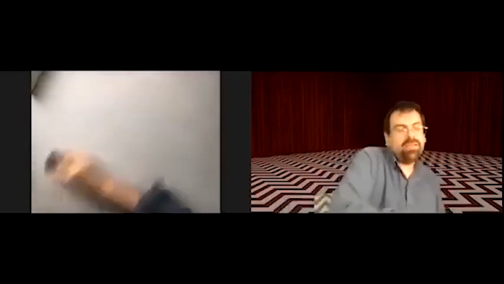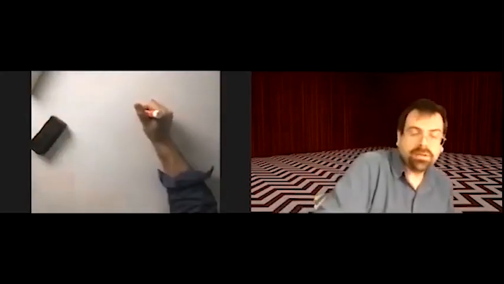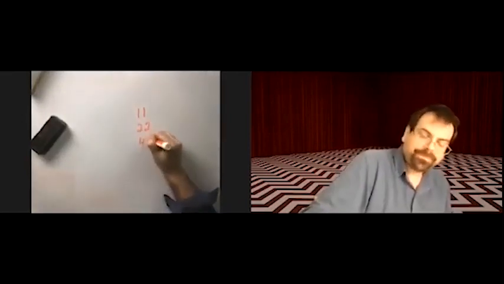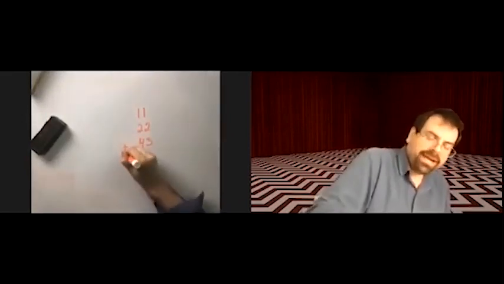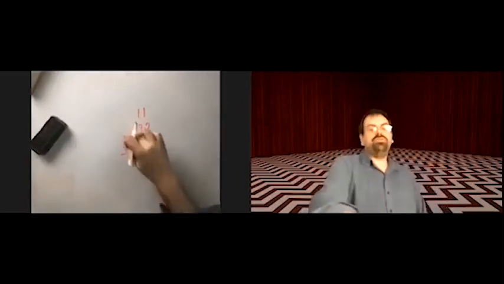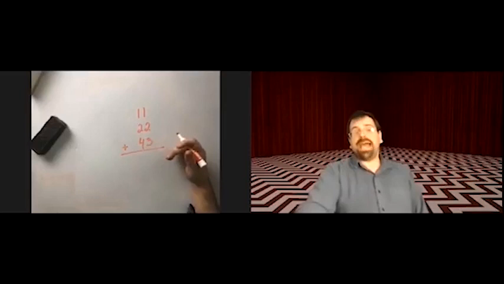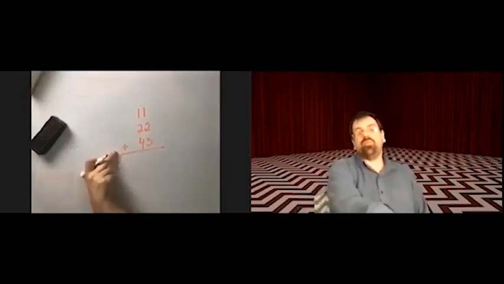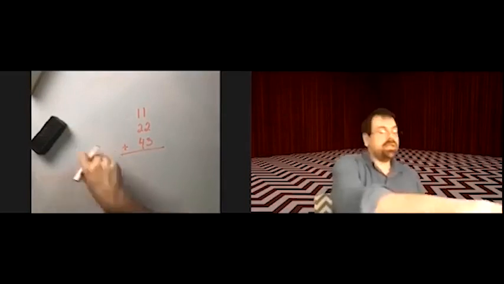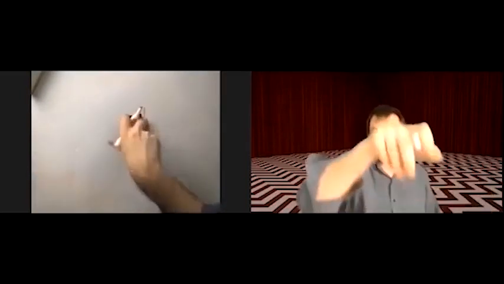But what if I'm adding 3 numbers? Well, the way we would write it is like this. We wouldn't put 2 plus signs. We just make our column of numbers that are going to be added together, and we put just one single plus sign. Same rules though, one column at a time.